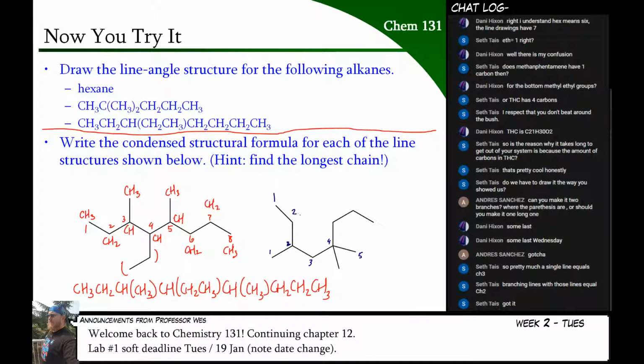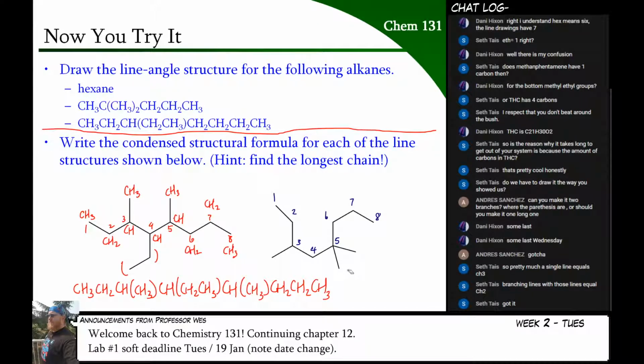So 1, 2, 3, 4, 5, 6, 7, 8. That's a longer chain. So 8 is much longer than 5. Is there one that's longer than this? And the answer is no, because we've gone along the longest possible paths.